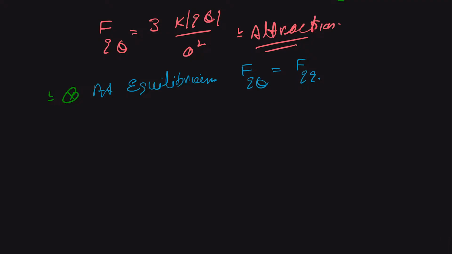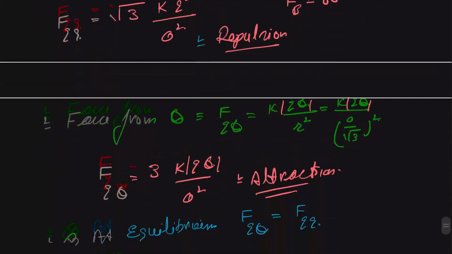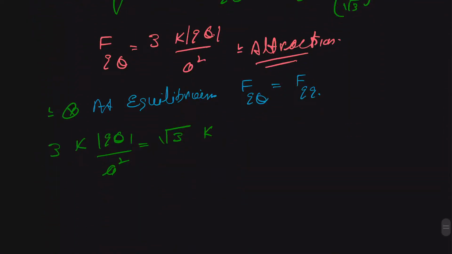So we substitute them, we get 3K Q Q upon A square is equal to square root of 3 K Q square upon A square.